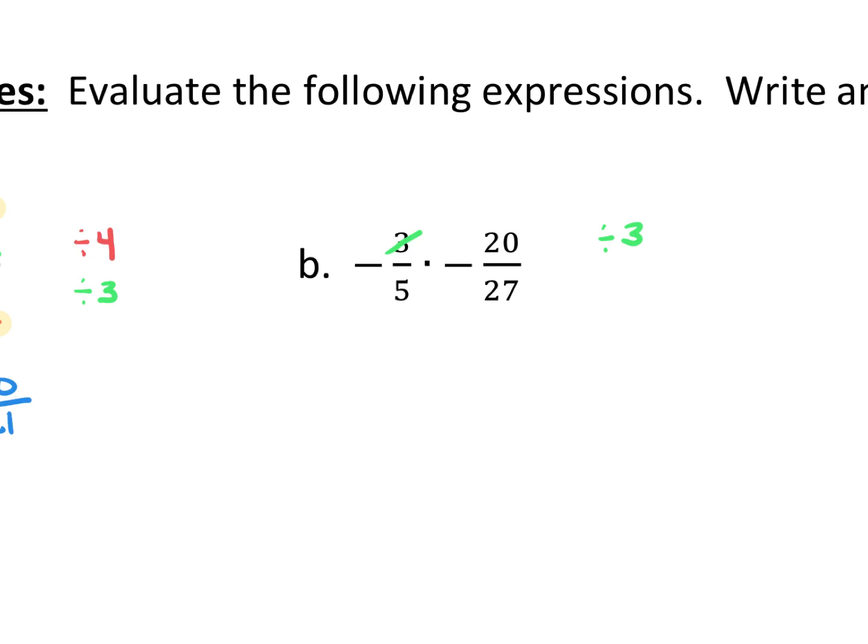If we divide by 3, 3 divided by 3 is 1, and 27 divided by 3 is 9. Is there anything else that we can cancel? There is. 20 and 5 are both divisible by 5. If we divide 5 by 5, we get 1. And if we divide 20 by 5, we get 4.